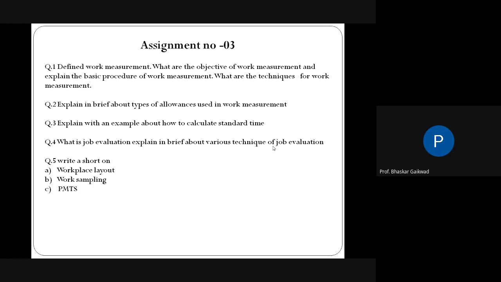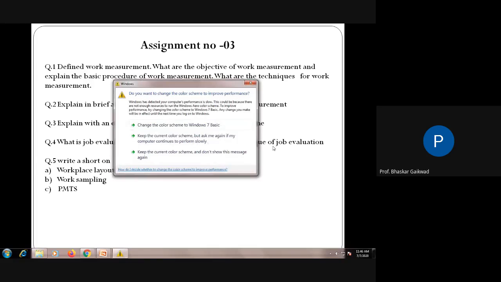And at last, question number 5: write a short note on workplace layout, work sampling, and PMTS, meaning predetermined motion time standards. Okay, so questions like this are expected to be asked in your university exam.